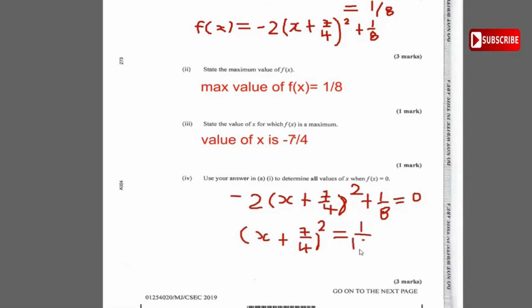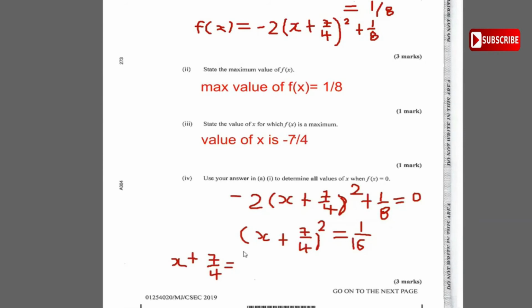After you get this, you need to square root both sides to get X plus 7 over 4. So square rooting both sides, we're going to get X plus 7 over 4 is equal to the square root of 1 over 16, which is 1 over 4.